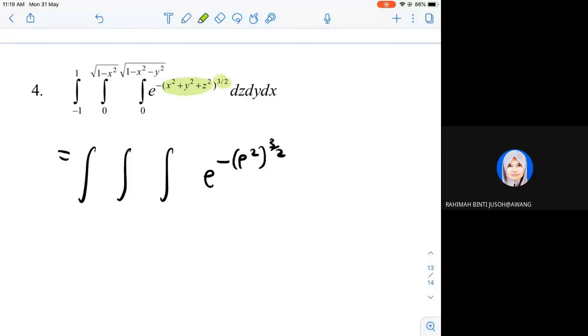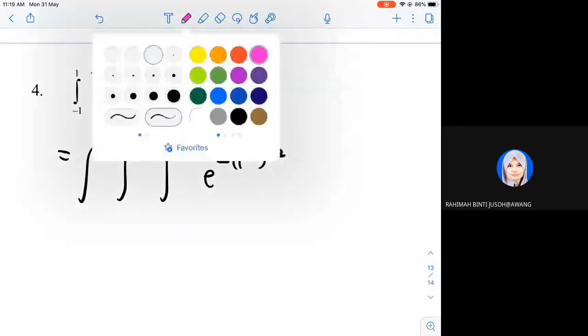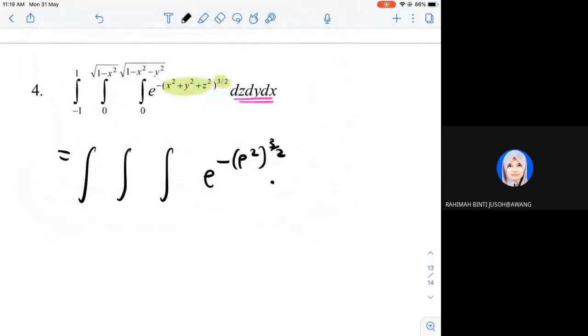Yang belakang ni, terms belakang ni samaan dengan apa, guys? Nak convert kepada spherical ni, dz dy dx equals to rho squared sin phi d rho d phi d theta, or d theta d phi.